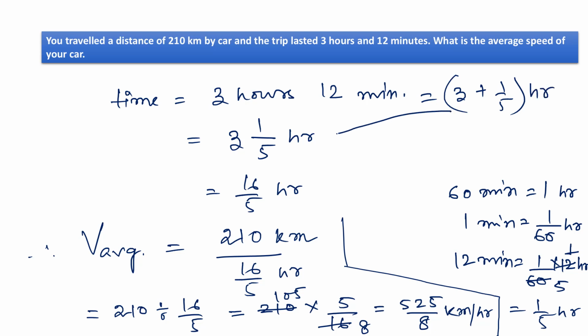Actually I jumped one step and directly wrote that, but you can proceed with that step: 3 plus 1 by 5 hour is equal to 3 whole 1 by 5 hour. Okay, after that we are moving to the next question. But remember the formula of average speed, that is equal to total distance traveled divided by the total time taken.